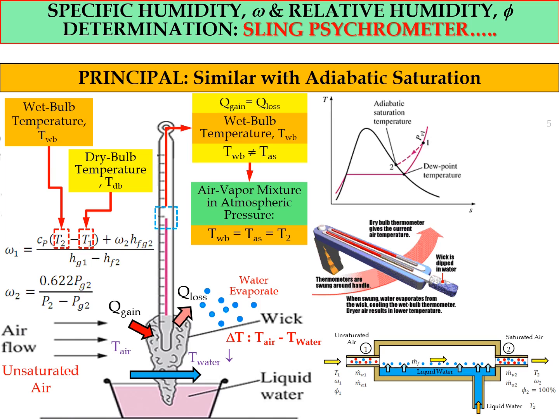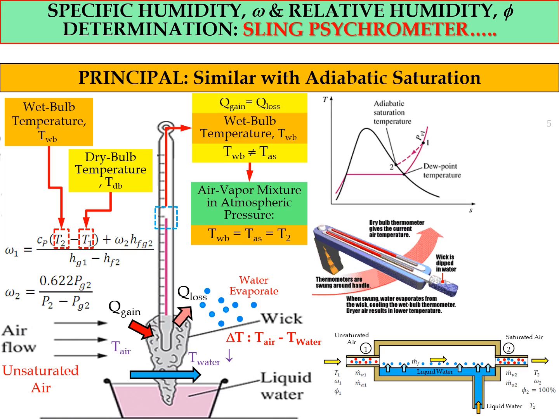From these values we can determine omega 1, the specific humidity, and the value of omega 2 in the equation of omega 1 we can determine from the second equation, where omega 2 equals 0.622 Pg2 divided by P2 minus Pg2.